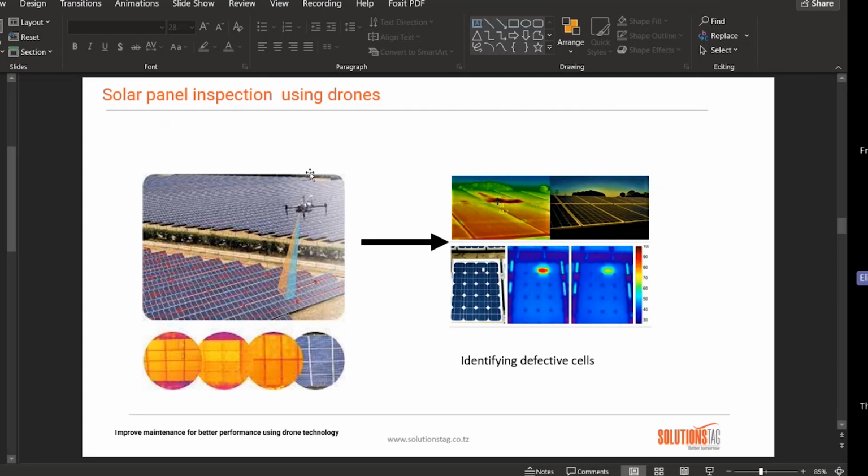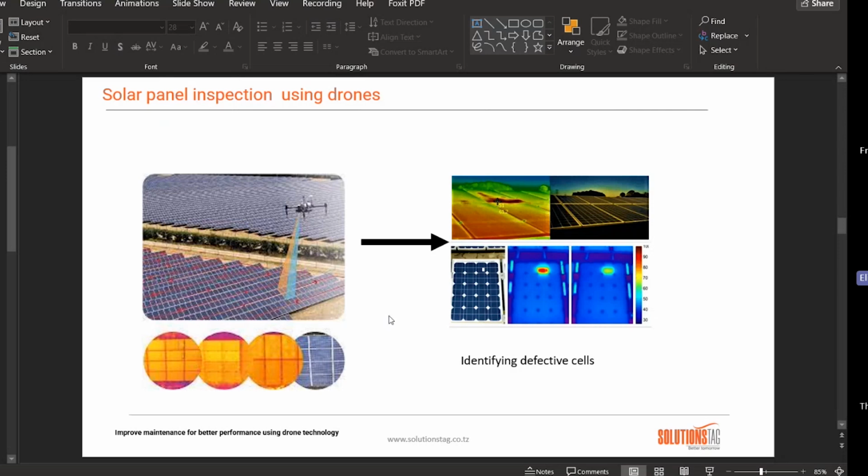But using the drone and thermal cameras, it is easier now to identify the defective cells in each individual panel. After the inspection, the drone will tell you the specific area and the number of cells that are defective. The way it identifies the failure is using the thermal image, where you get different heat signatures from different cells.